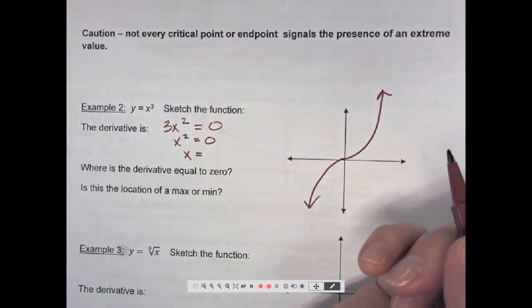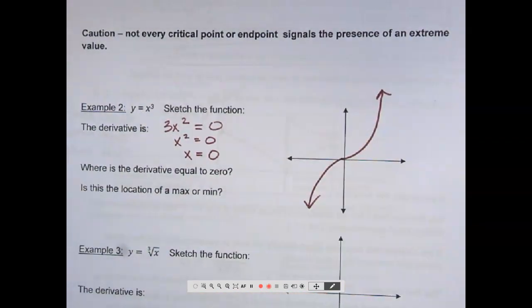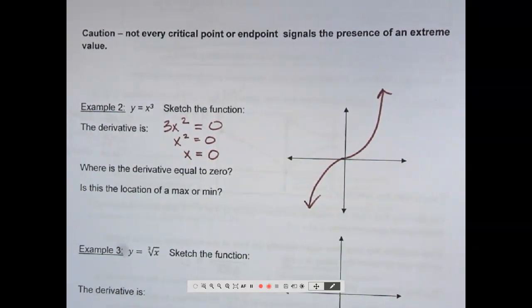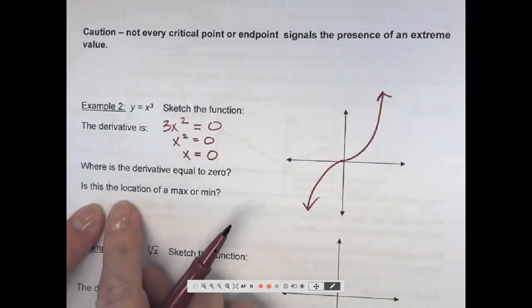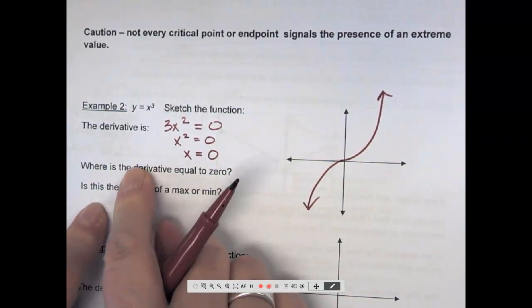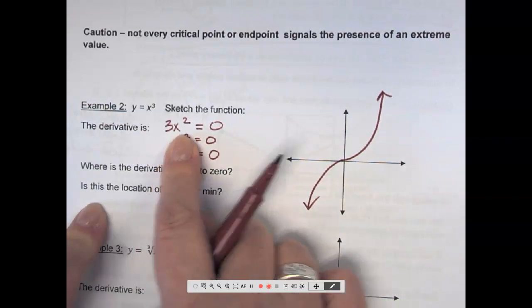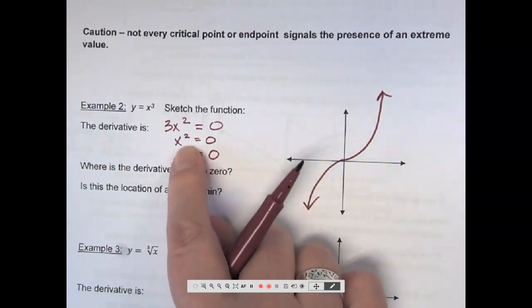With any other number, yes, but not with 0. So x equals 0 would be a point of interest for a max or a min. Where is this derivative undefined? Where is 3x squared undefined? Never. It's equal to 0 at 0, but it's never undefined.